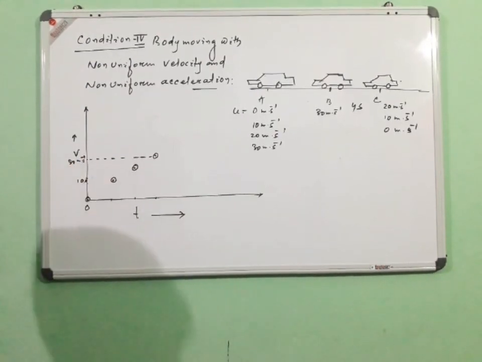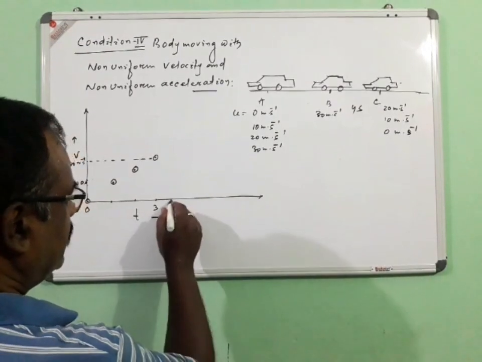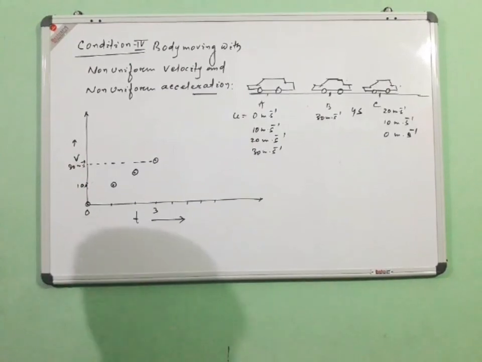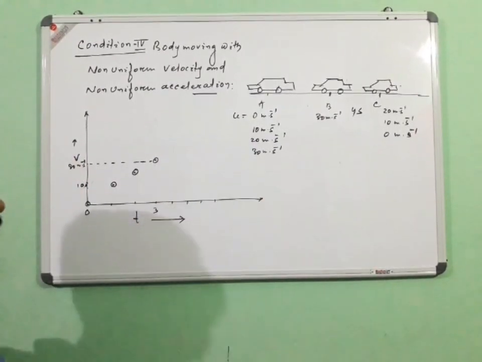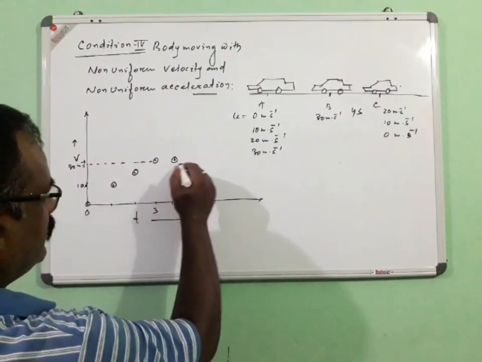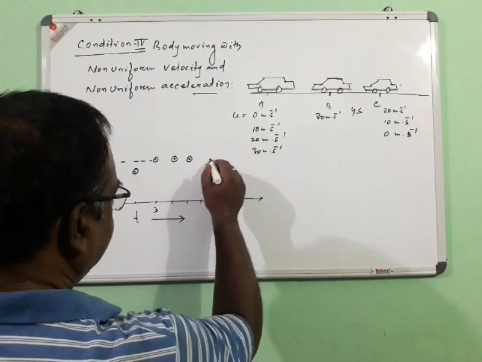Now from 3 seconds, for the next 4 seconds, 4, 5, 6, 7, without any change in the velocity, it has gone at the same speed. It has moved without any sort of change.